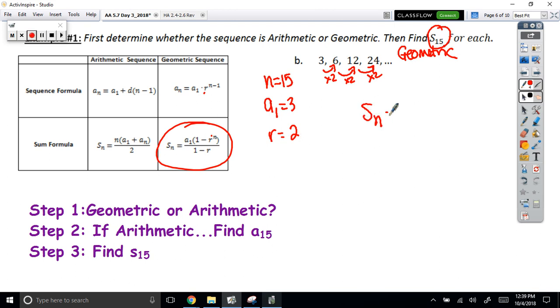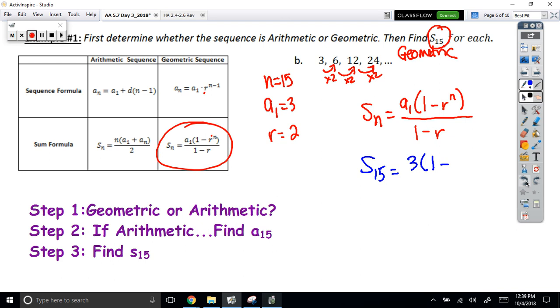I'll recopy it here. And so we'll have S sub 15 equals 3 times 1 minus, you might want to put parentheses around the R actually. Because if the R is negative, you have to group it with parentheses.